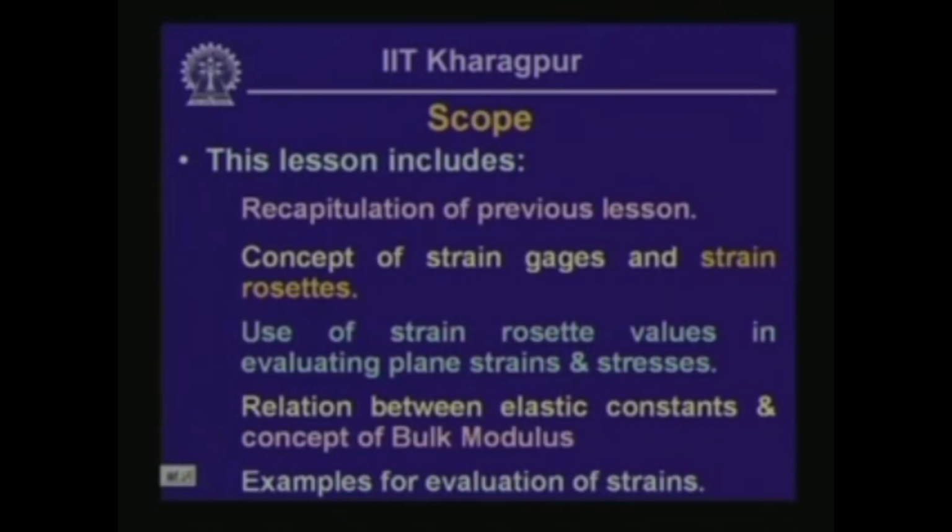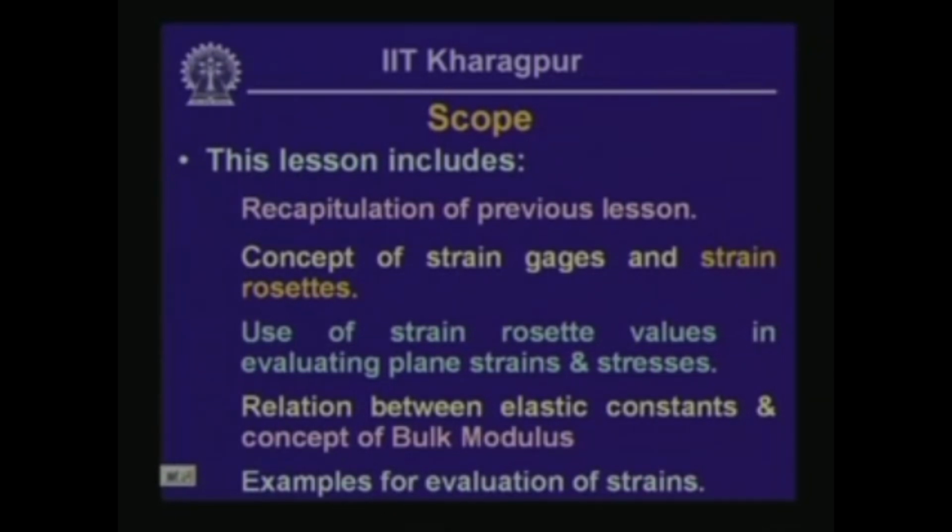Well, hence the scope of this particular lesson includes recapitulation of the previous lesson, which we will be doing through the answering of the questions which I had posed last time, then the concept of strain gauges and strain rosettes, use of strain rosette values in evaluating plane strain and stresses.